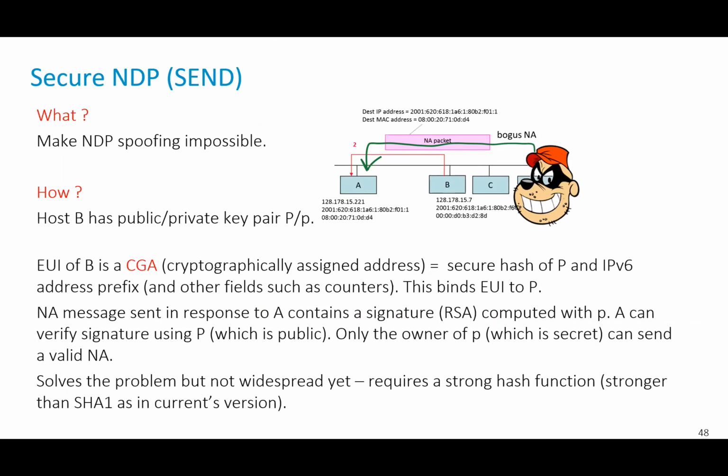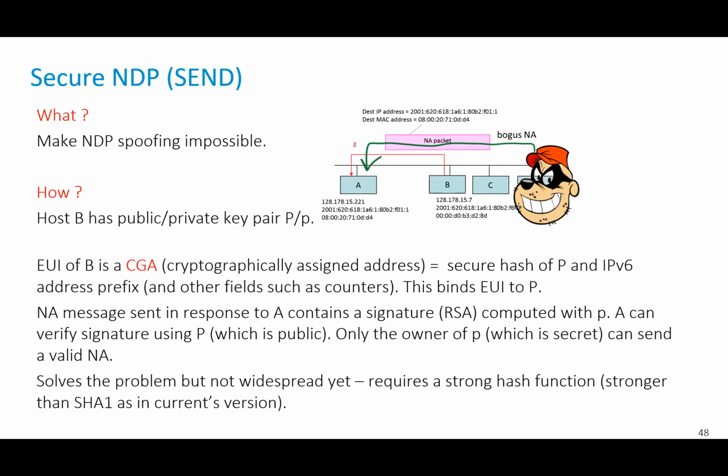So the bad guy can receive the ARP request and can do a reply, and will sign the reply, but when I verify it with the public key that corresponds to this address, it will not match, because the bad guy is not able to forge a signature unless he or she owns the private key.